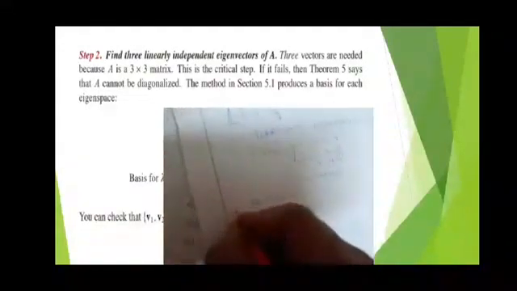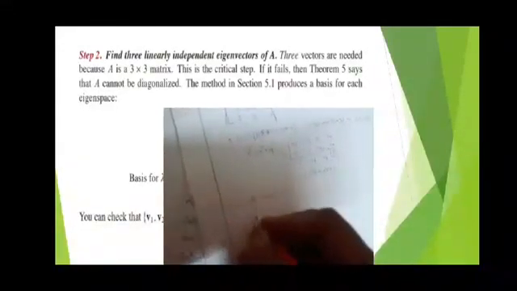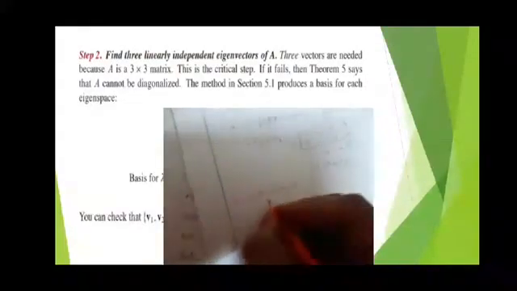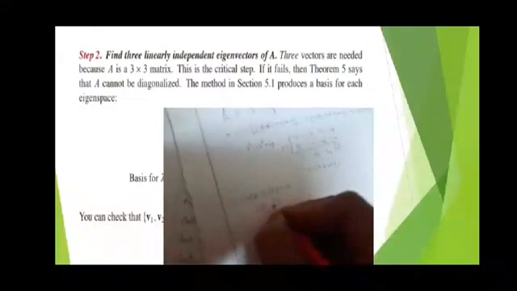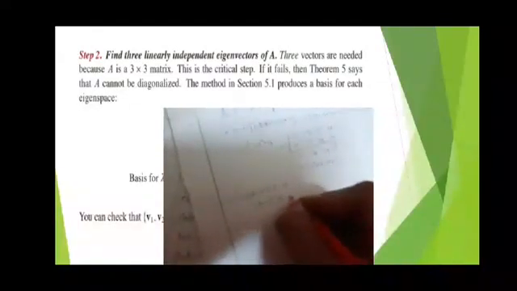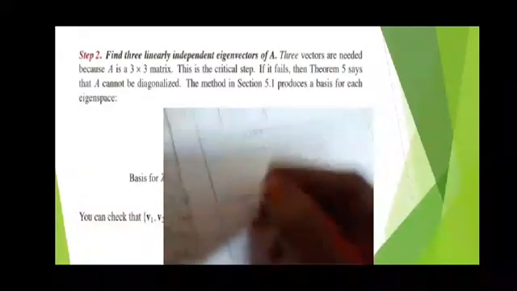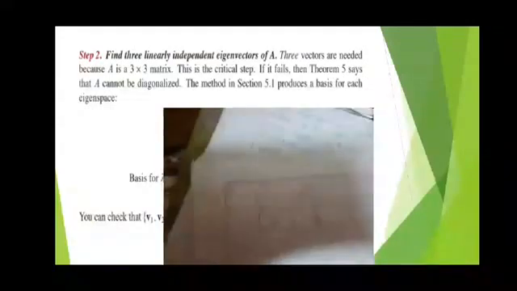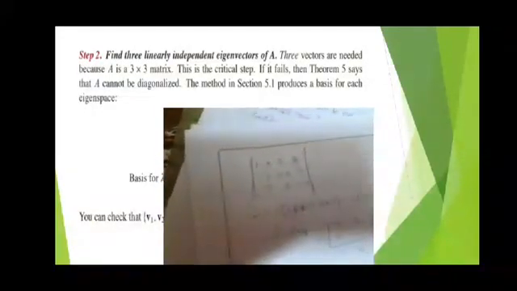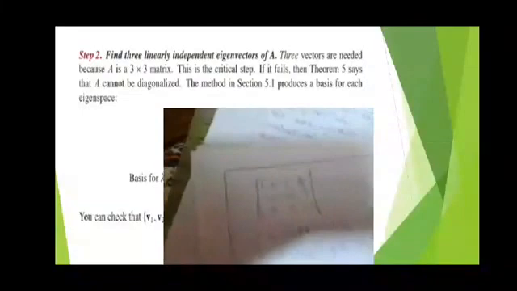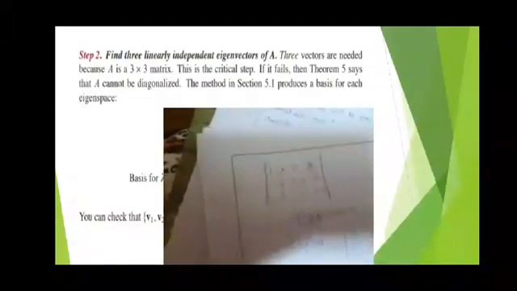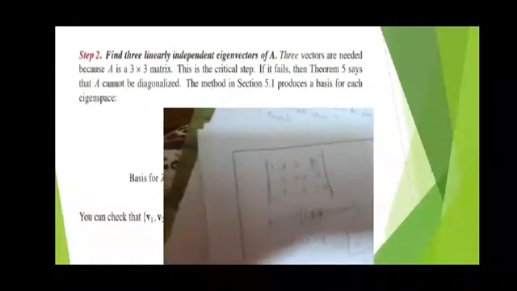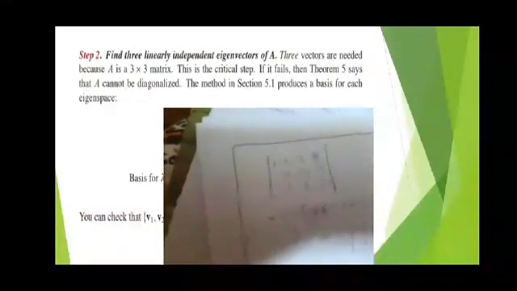If lambda is equal to 1, that will be A minus 1I of x equal to 0. So A minus 1I means, in this just put 1 in place of lambda. So 1 minus 1 will be 0. Next 3, next minus 3, minus 5 minus lambda, minus 1, so minus 6, minus 3.